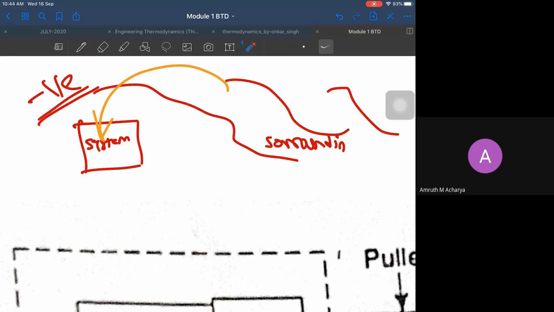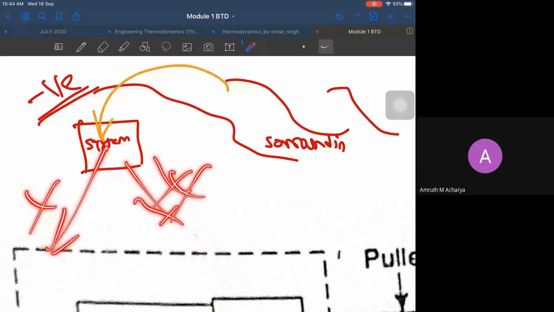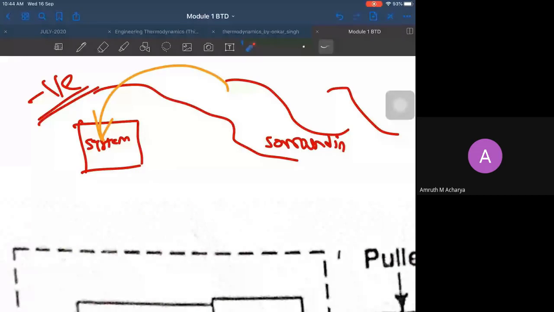Work done on the system. You're working on the system. Then you're not getting any sort of work from the system. No work extracted by the system, so negative. If you are working on the system, it is negative. If you are getting work from the system, that is positive.